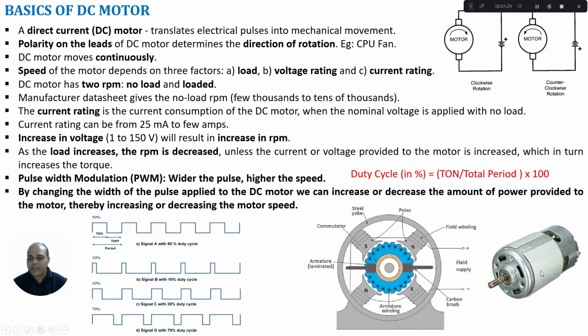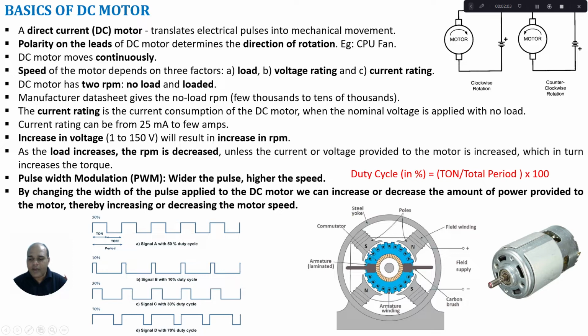If we see the physical construction of a DC motor, it has stator windings. This outer part, the electromagnet with north and south poles, is nothing but the stator windings. When current passes through this coil, it will produce a constant electric field. We also have a movable rotor, which again works on the electromagnet principle.